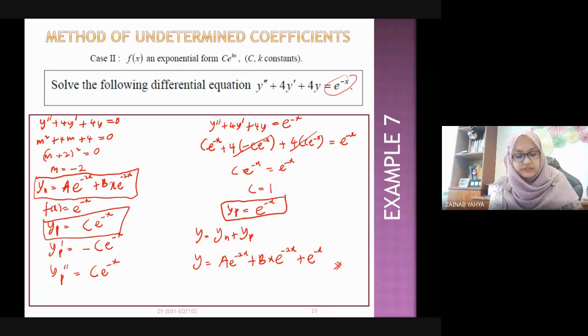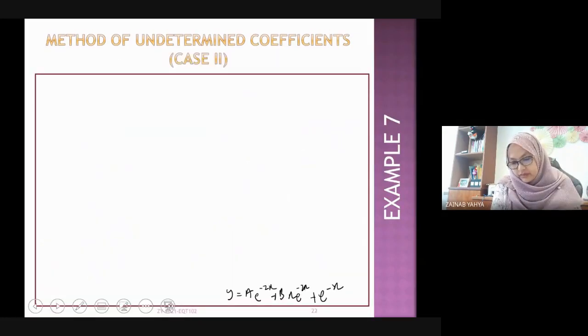That's it. Easy peasy, right? So we look at the next case, which is on the cos and sine. If you have any question, just interrupt, okay? So the answer is here, correct?